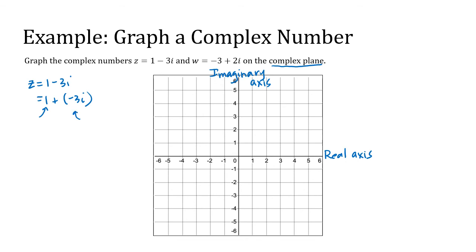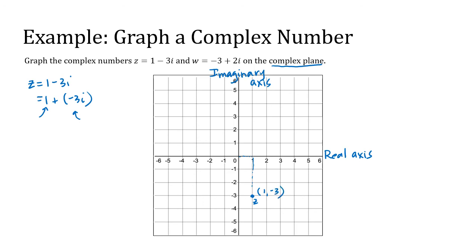So starting at the origin, I'm going to move to the right 1 unit, and then I'm going to move down 1 and 2 and 3. And this point right here represents the complex number z equals 1 minus 3i. And that is because it has the ordered pair of 1 comma negative 3.